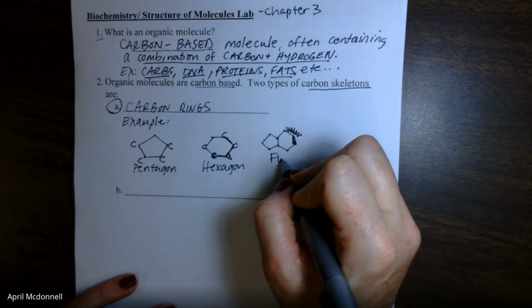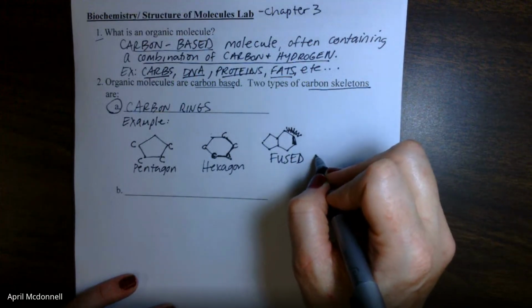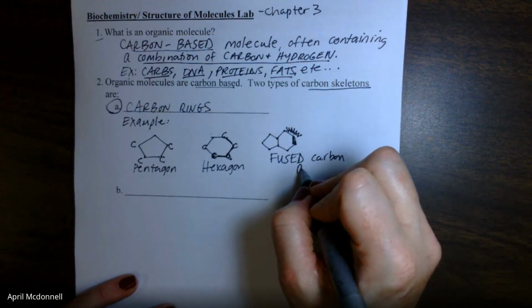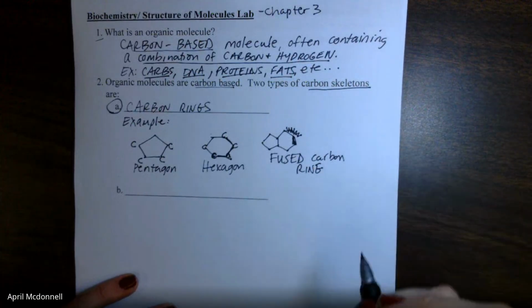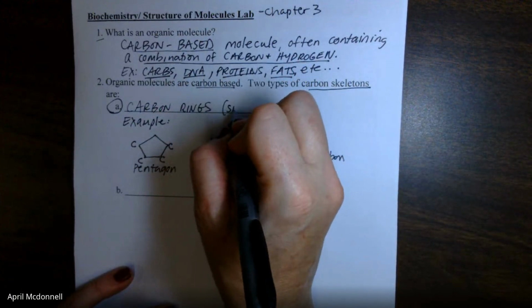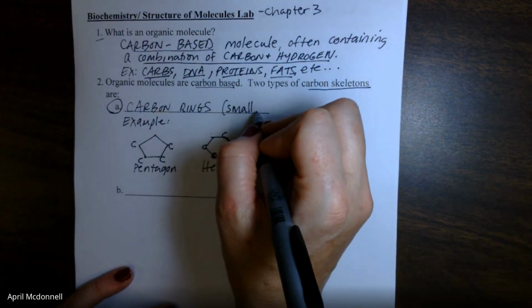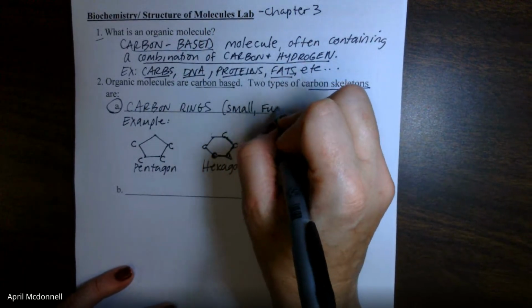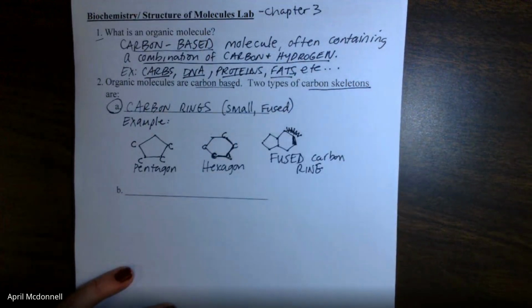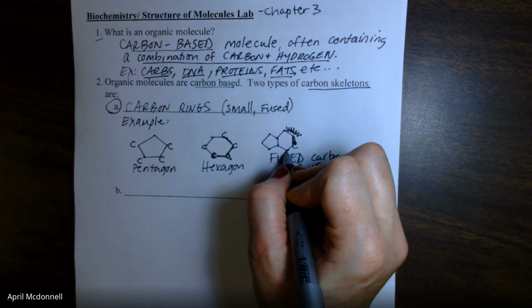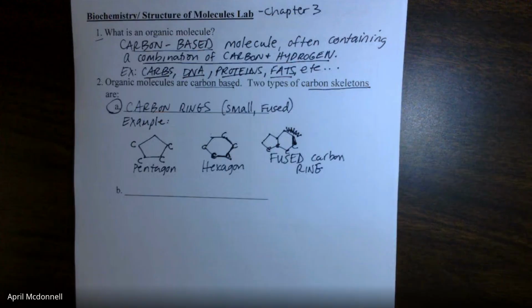But this is what we call a fused carbon ring. So we have small carbon rings, we have large carbon rings, and we also have fused carbon rings. Again, where there's a carbon at most points within the ring.